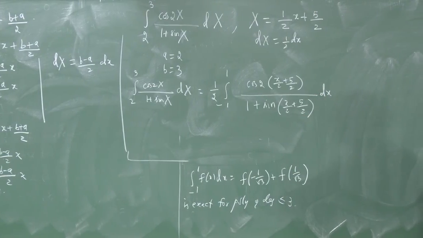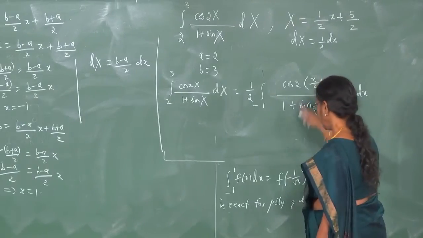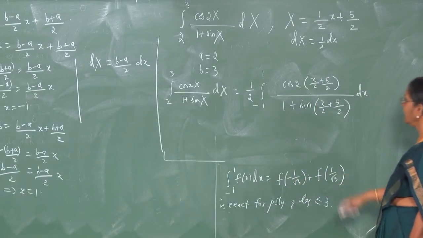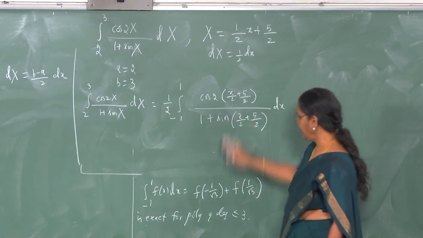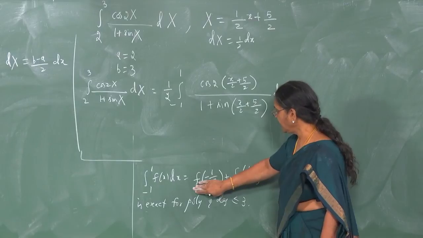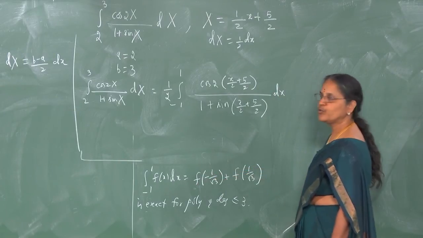So, now we would like to evaluate this using 2-point integration method. So, what does it say? This simply says get the function value at x is equal to minus 1 by root 3.